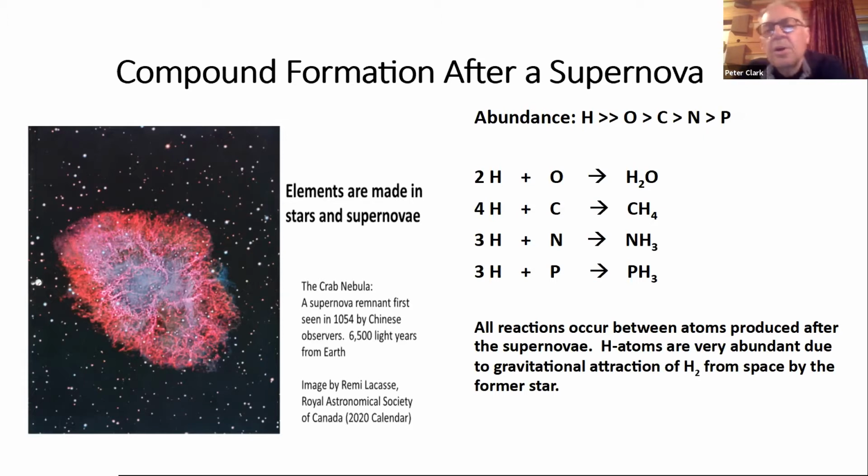So hydrogen reacts with oxygen to make water, reacts with carbon to make methane. Hydrogen reacts with nitrogen to make ammonia. Hydrogen reacts with phosphorus to make phosphine, PH3. These are some of the initial compounds that would be produced, and it's a very brief glimpse of what would be going on, because there are lots of other elements.